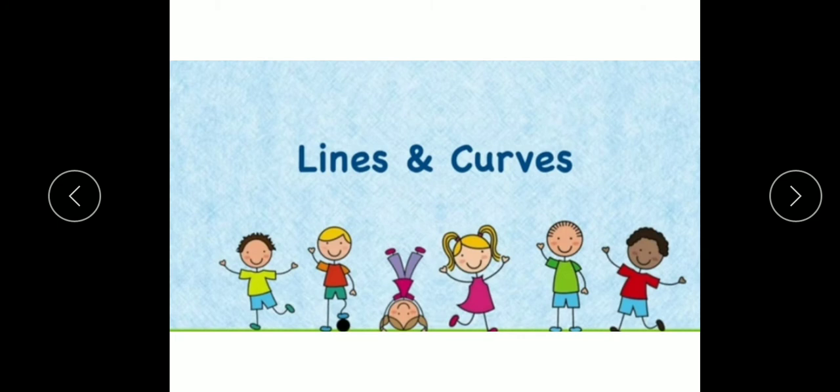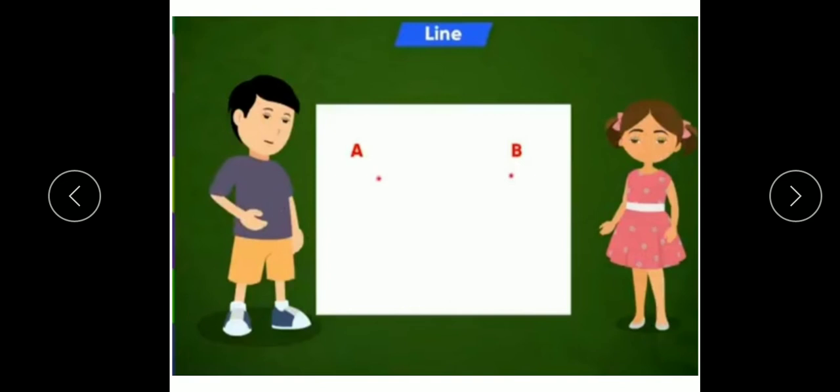Now children, let's talk about lines and curves. Now what is a line? See children, consider these 2 points A and B. Now if we start at point A and straightway go to point B, we get a straight line.